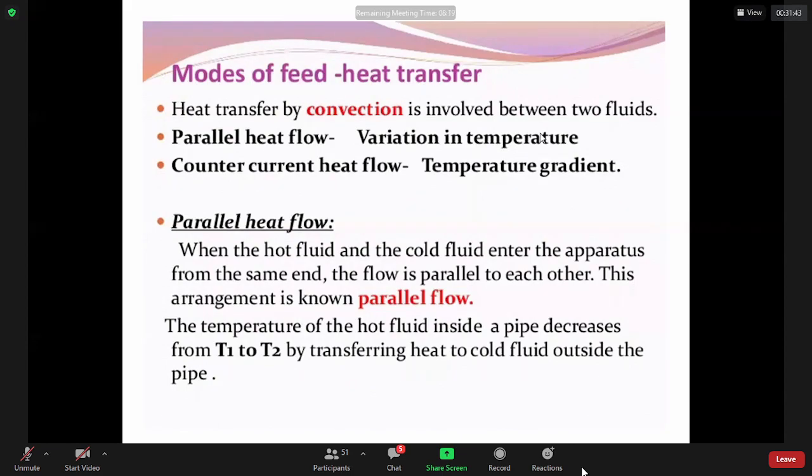When you have counter current heat flow, you have water, or the cooling agent, flowing in the opposite direction from the liquid that's being cooled. All these have been explained, and the different graphs indicating the heat flows have been well indicated.